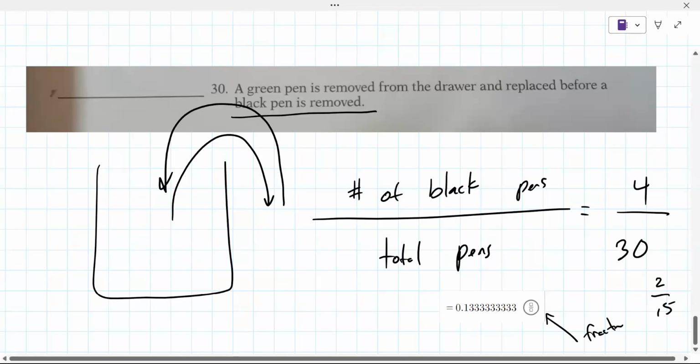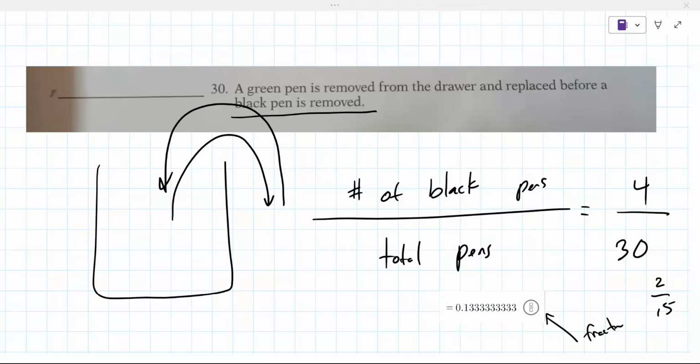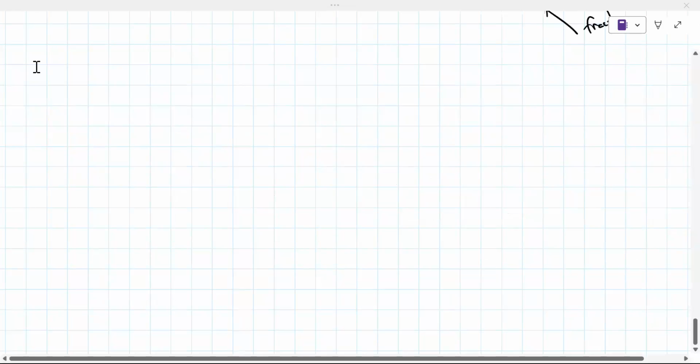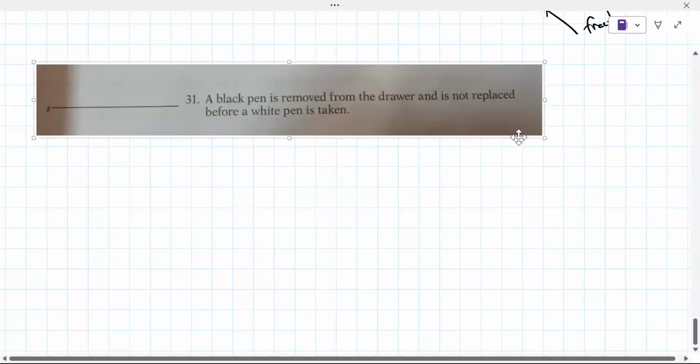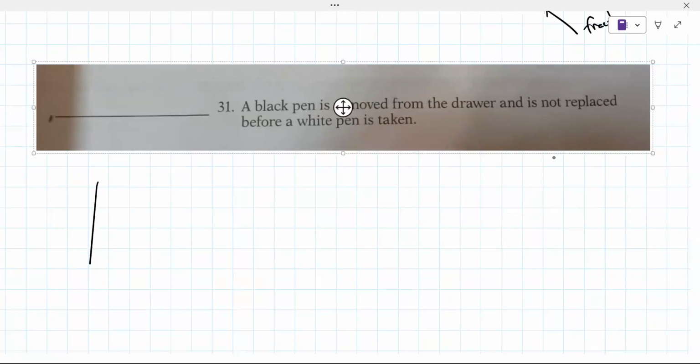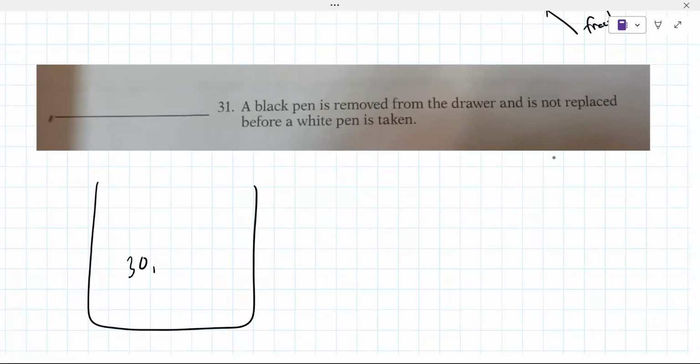Again, there's really so much that goes into this that I'm not giving you or you're not receiving. Like there's this thing of independence and dependence, and we're just missing that altogether here, but I'll try to explain the scenario. So this time you have 30 pens, but then you take one out.